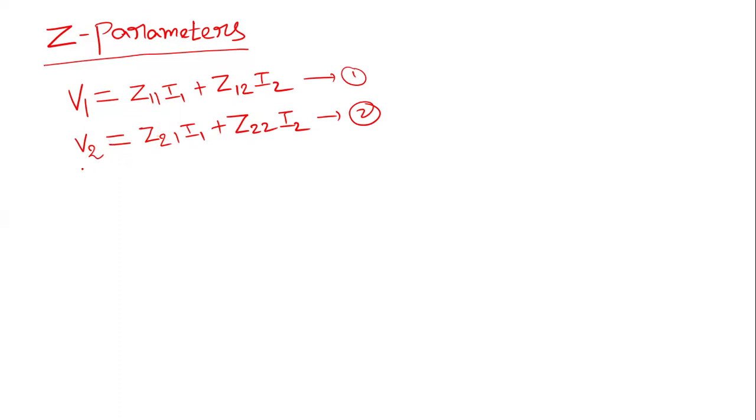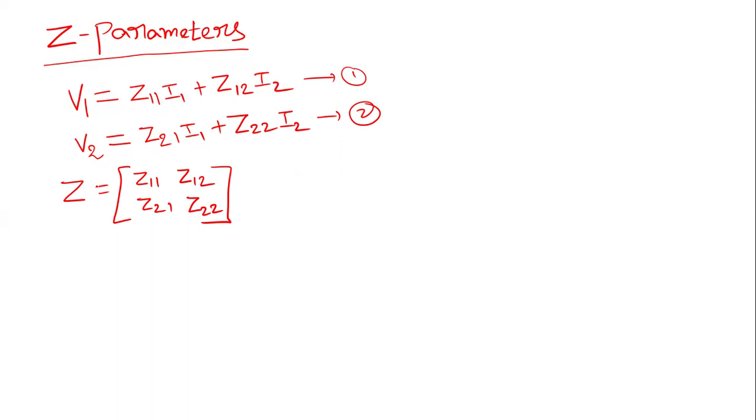These four are called Z parameters. In matrix form, these parameters can be represented as a 2 by 2 matrix: Z11, Z12, Z21 and Z22.